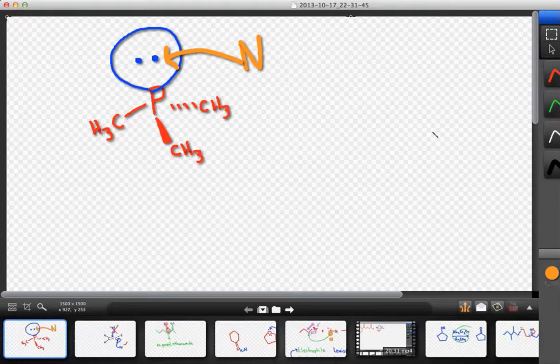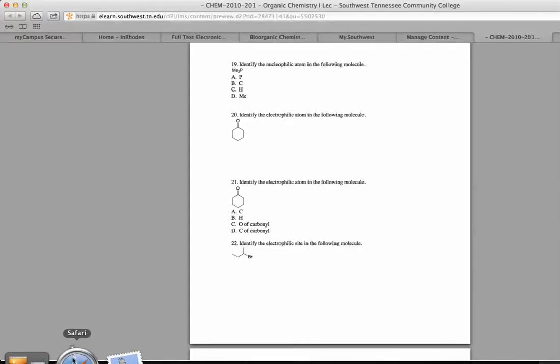So the lone pair of electrons on the phosphorus atom would certainly be the best source of a nucleophile in this particular molecule, and towards the end of this semester, at the beginning of the second semester, we'll look at reactions where this lone pair actually does make novel bonds in organic reactions.